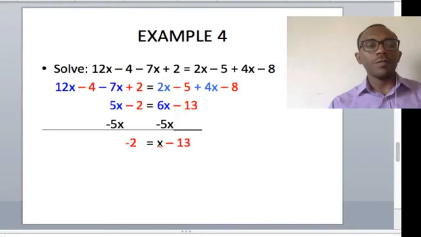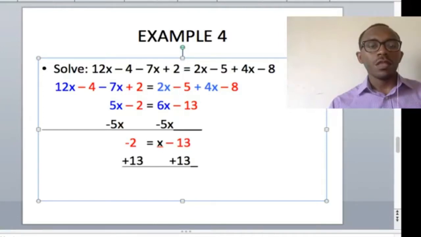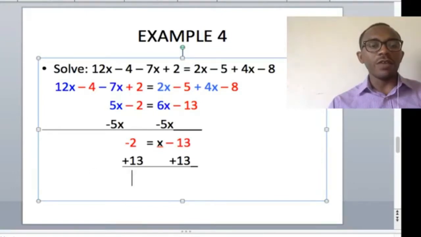It's pretty simple. Add 13 on both sides. And when we add 13 on both sides, what do we have right now? 13 minus 2, since they're opposite signs, we subtract and keep the sign of the bigger number. 13 minus 2 is 11. And the equal sign is in between.